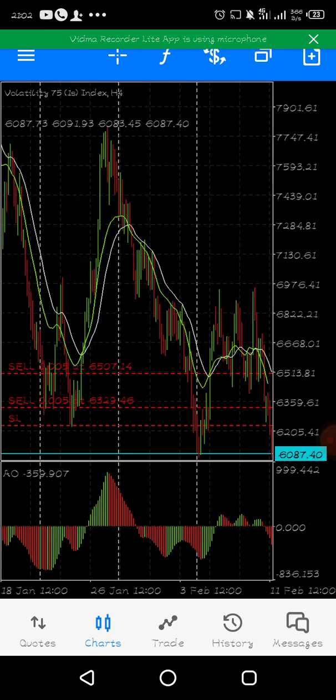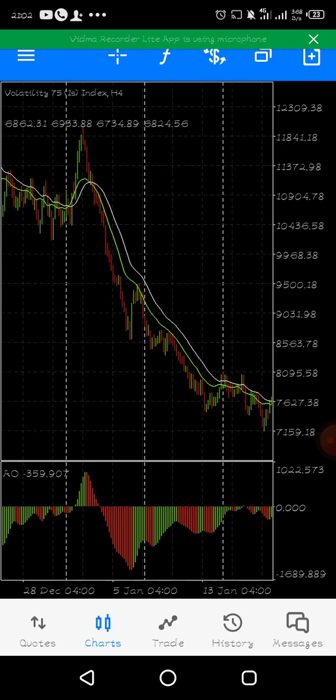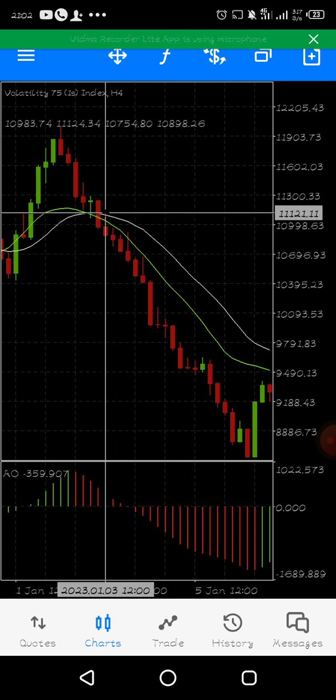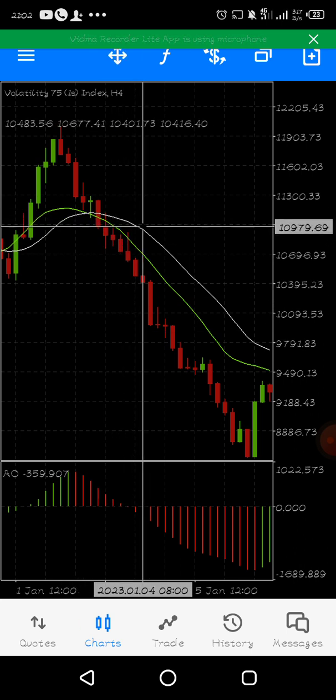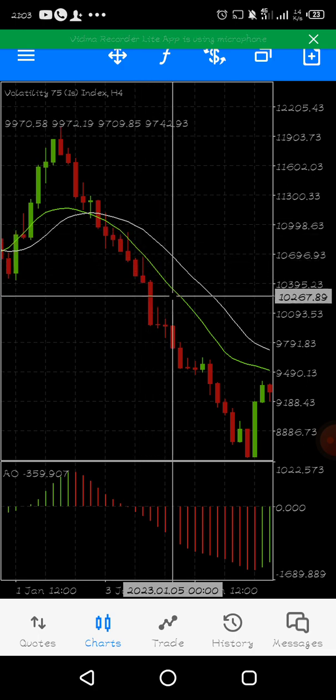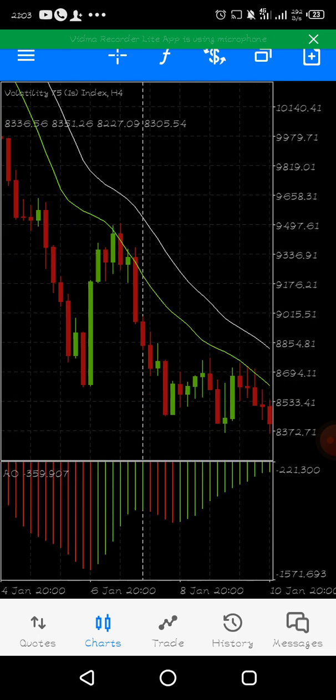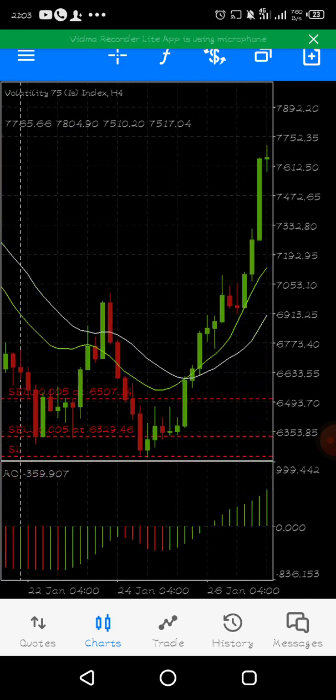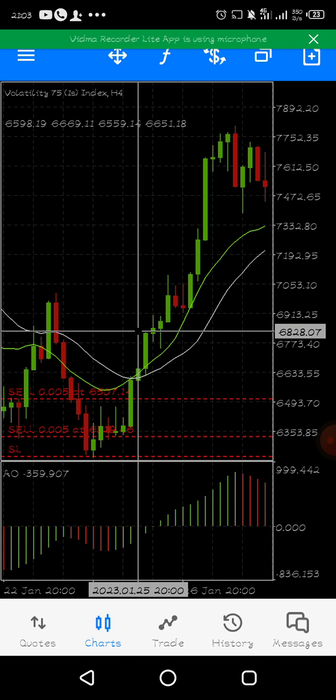Now, let's go to 4 hours in case you are a swing trader. Let's check it out. Voila. As it crosses here, your awesome oscillator crosses below zero and you take the trade. See how long you would have held the trade all the way down and it crosses here.